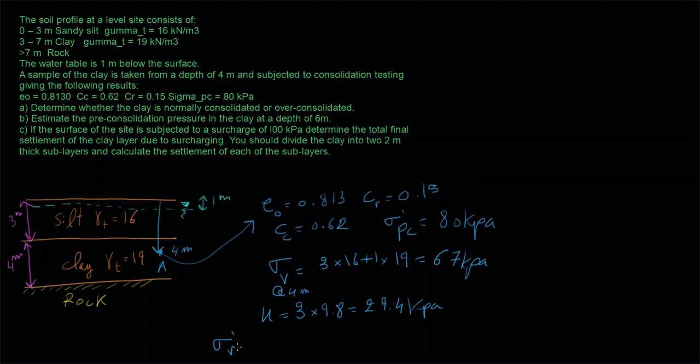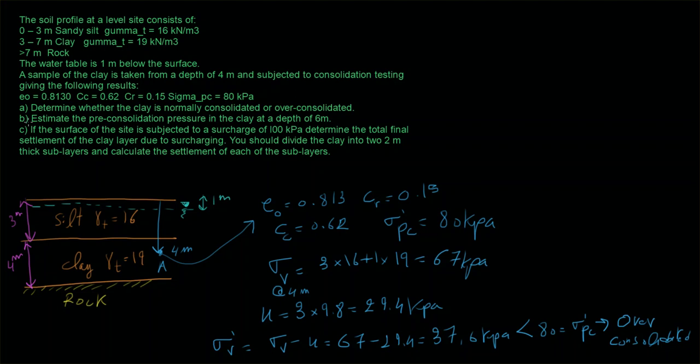Therefore my effective vertical stress is total minus pore water pressure, which comes to 37.6 kPa. Now when we compare this to the pre-compression stress, it's actually less than that. Therefore, it's over consolidated soil.